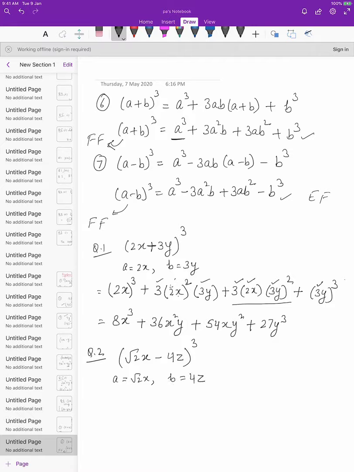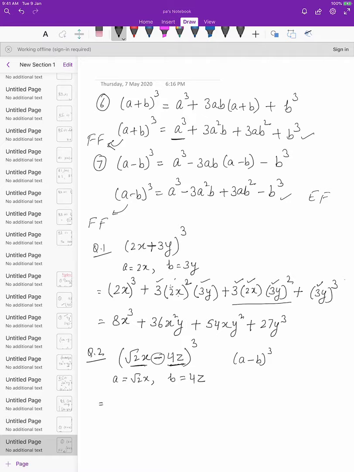Again, day before yesterday when I took the class, I explained that this minus sign should not be taken along with b, because we are using the identity for a minus b whole cube. So leave out this minus sign. Other than that, these two numbers will be your a and b. So a will be root 2x, b will be 4z.